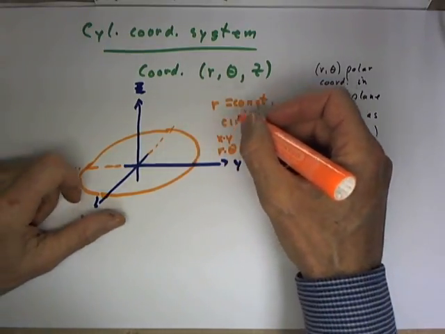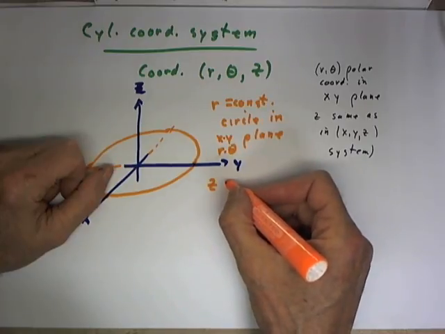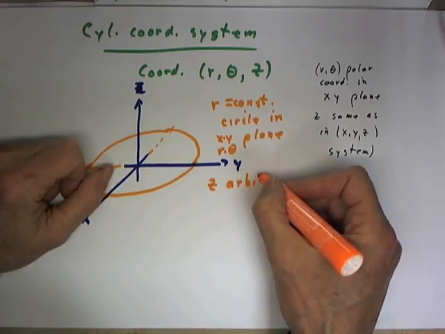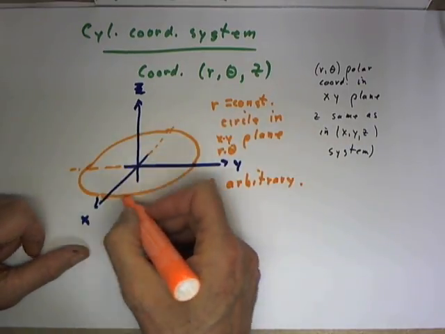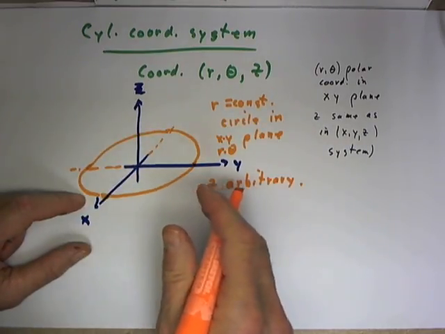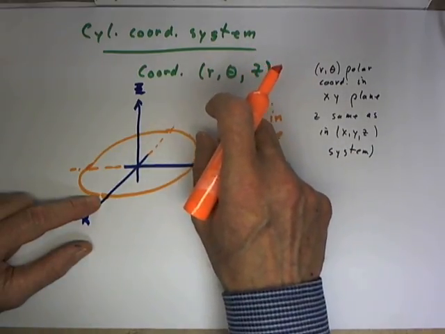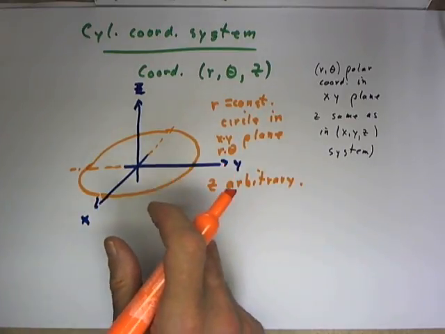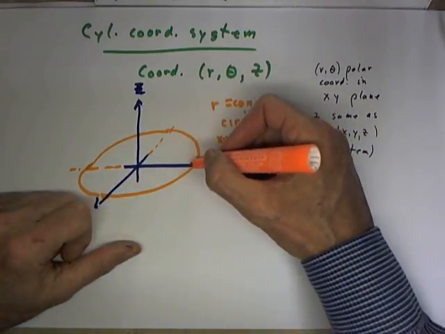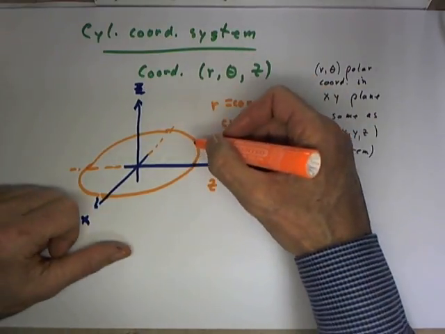Now, z is not addressed. It's arbitrary. So it might be 0, so certainly this circle is part of the region for which r is equal to whatever this constant value is. But z can also be positive, negative, and it can be any place we want.